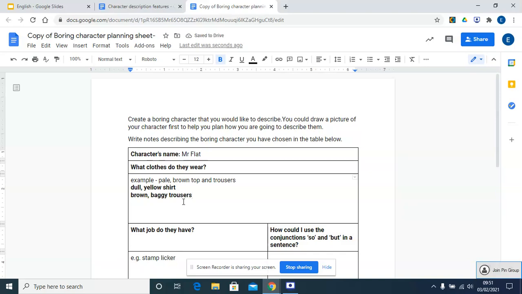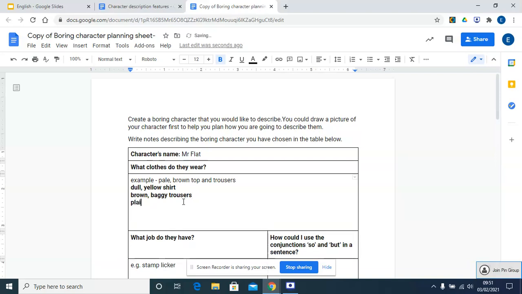I've thought about his shirt, his trousers, and then I'm going to think about his shoes. So I think they're going to be very plain. So plain, comma, again, because you're listing adjectives about the same noun. Black laced up shoes.